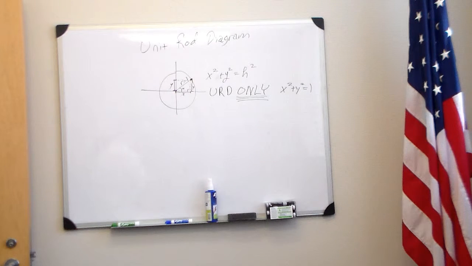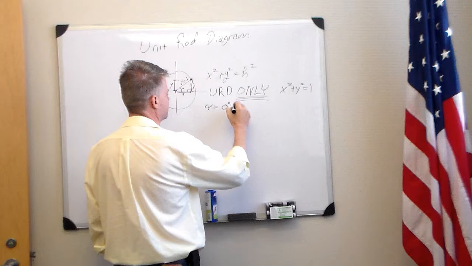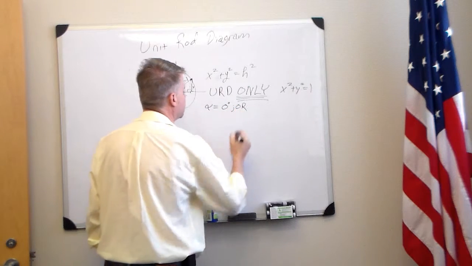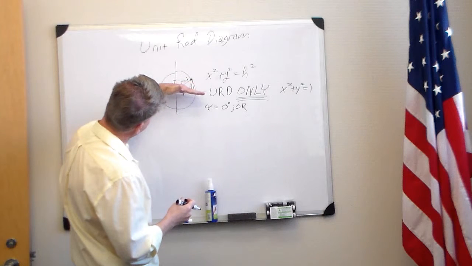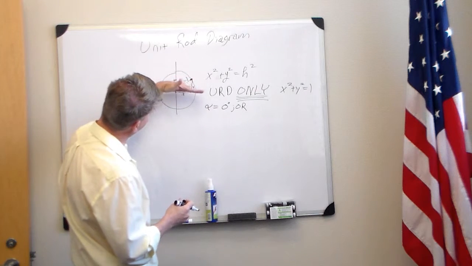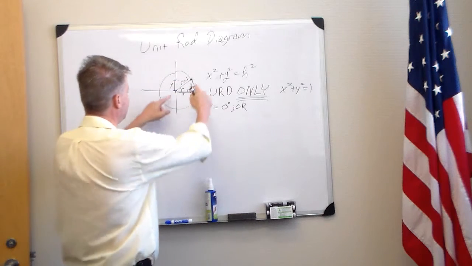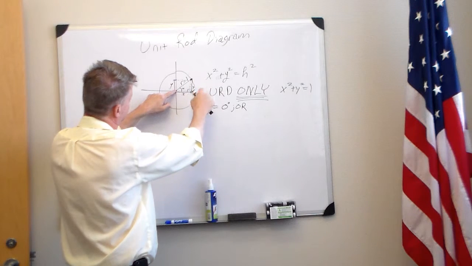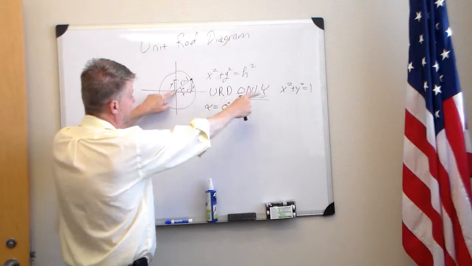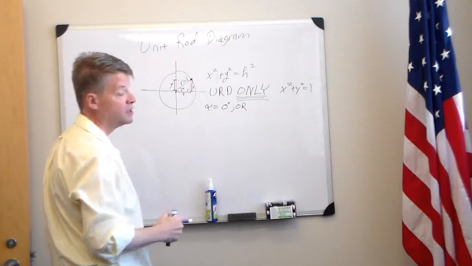If your value alpha is 0 degrees or 0 radians, depending on what you want to use, that essentially means that this is sitting right on the x-axis. And if that's true, if you think about taking this and moving it down to the x-axis, then r, or the hypotenuse, equals the same as x, y is equal to 0.